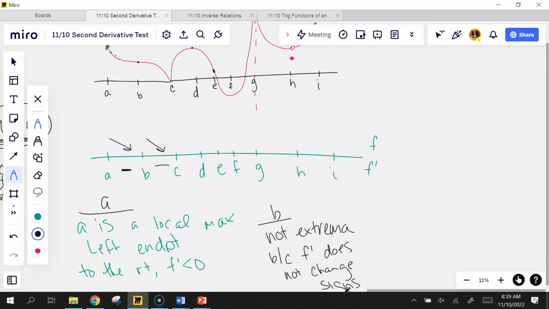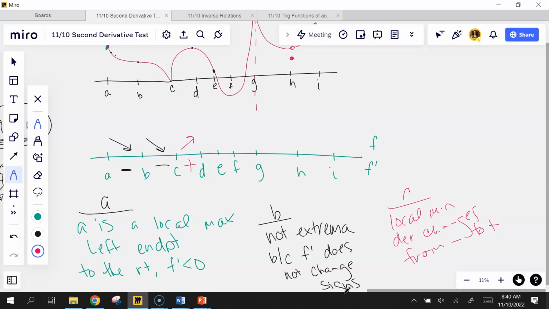Tell me what you know about C, the local min. Why is it a local min? The derivative changes signs, from negative to positive. It starts increasing there.